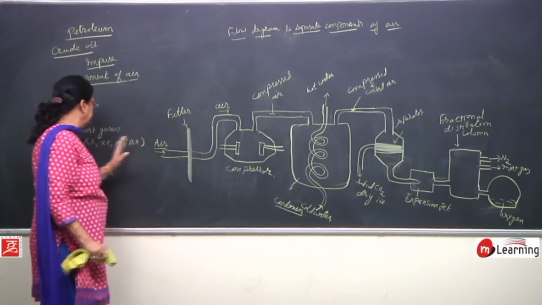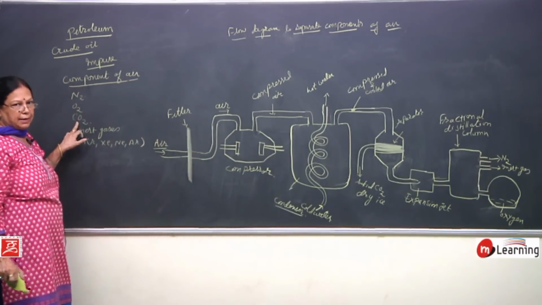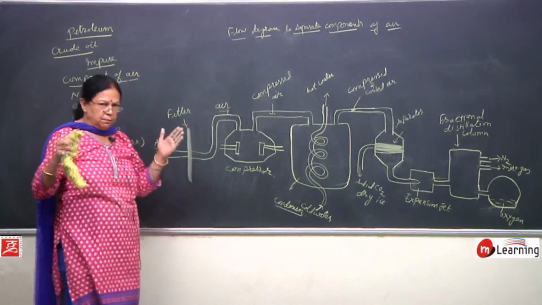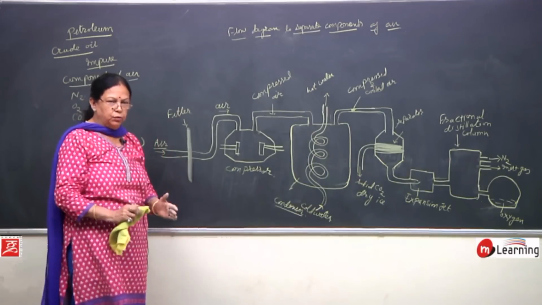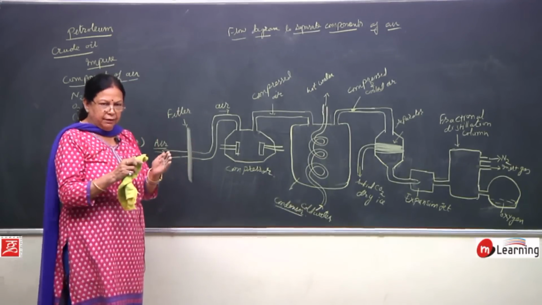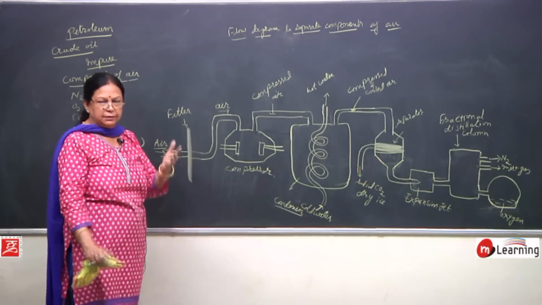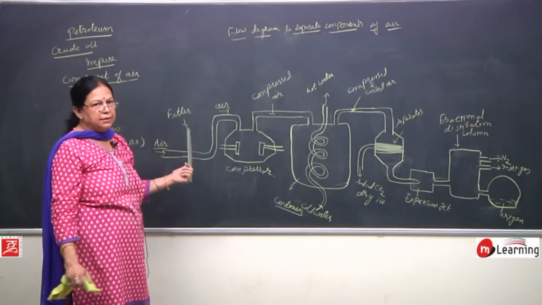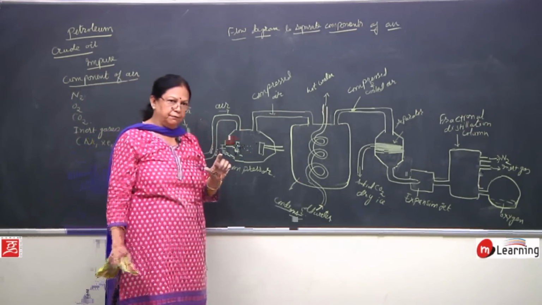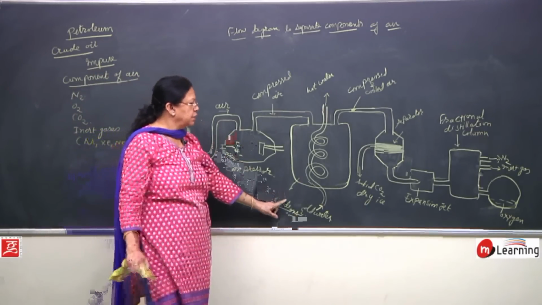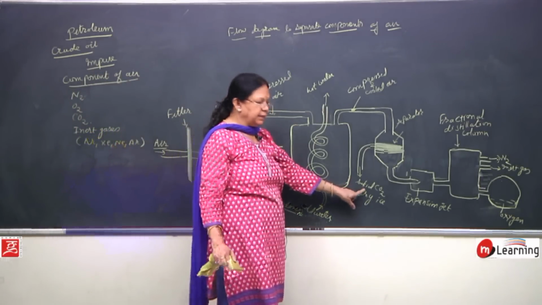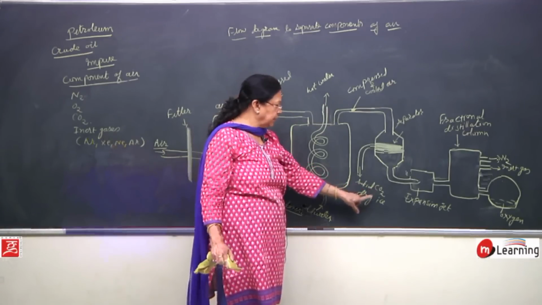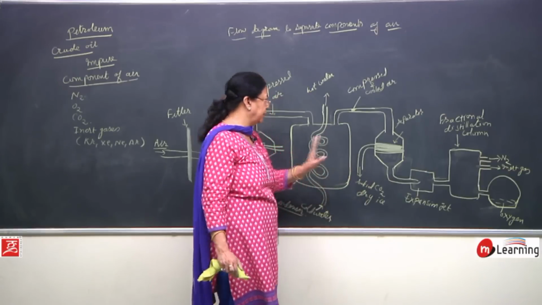Because we know that this carbon dioxide gas, if it is compressed and cooled, meaning pressure is increased and temperature is decreased, then what happens to this carbon dioxide gas? It gets solidified, and when it gets solidified, you can separate it in the form of solid carbon dioxide, also called dry ice.